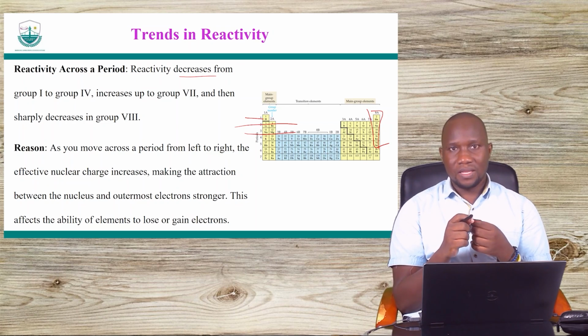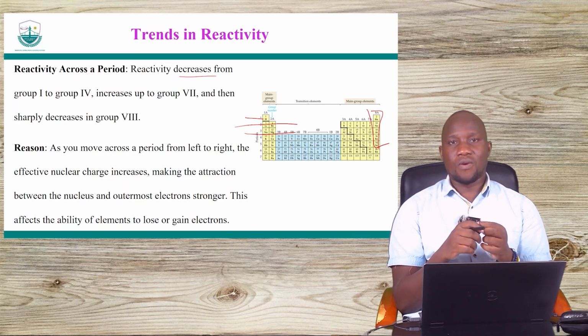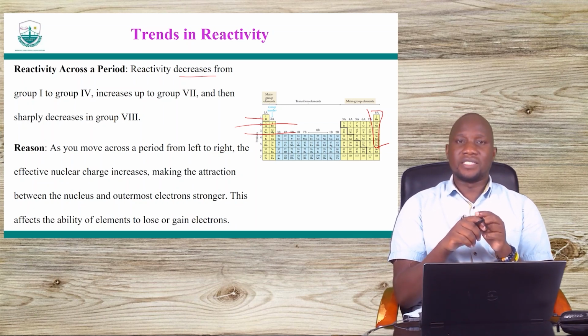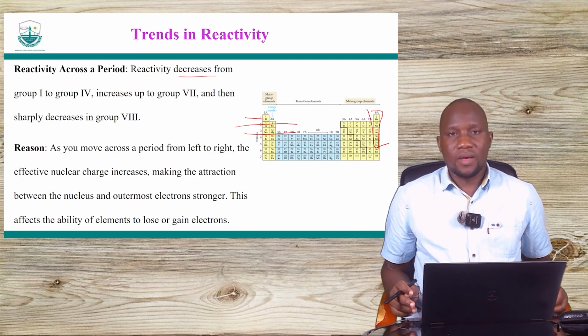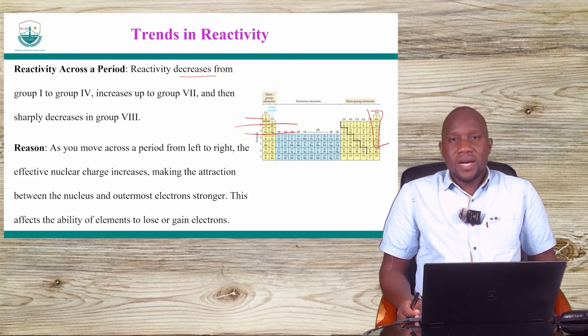The atomic number gives the elements their unique properties. Okay, so each element has its own atomic number, and therefore we can say that the number of electrons in the outermost shell gives what we call the group.